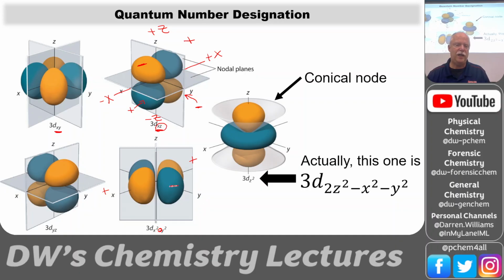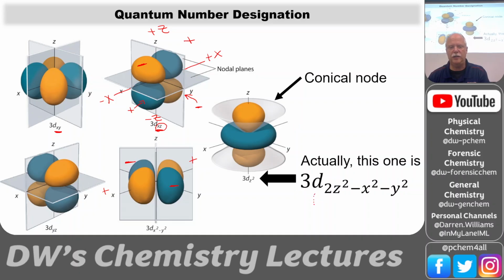And so the y's are negative, and the x's are positive, and so that's the x squared minus y squared. And so it's oscillating the same kind of way, but just now those oscillations go right along the axes instead of between the axes. But it's the same kind of thing, positive, negative, but they're on axis, and that's the x squared minus y squared combination. So that's the d orbital.